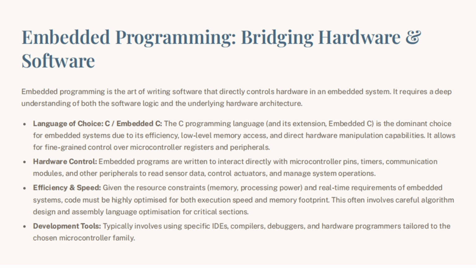Language of choice: embedded C. The C programming language remains the industry standard because it provides the perfect balance of efficiency and low-level control. It allows developers to access memory directly and manipulate microcontroller registers with extreme precision.